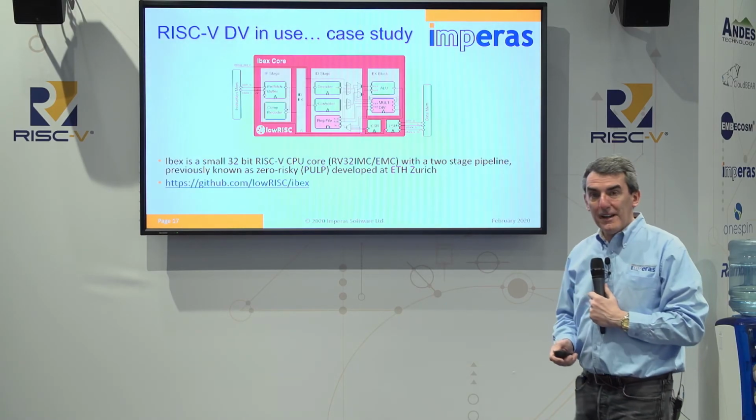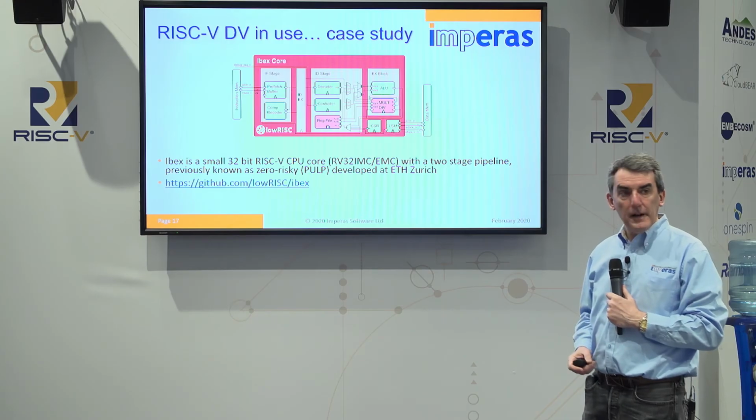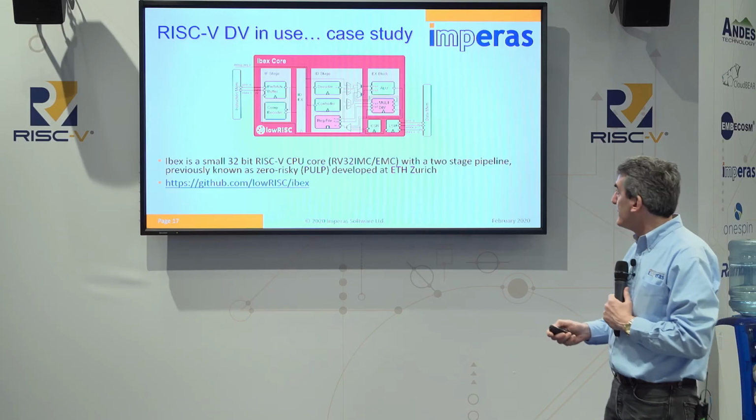So everybody likes to see an example. Here's one I prepared earlier. This is a well-known processor. It's now called Ibex. It originally came out of ETH Zurich, and it's quite a popular core and available on open source. Did you know it had some bugs? Yes, surprisingly, open source cores can have bugs just like any other design.